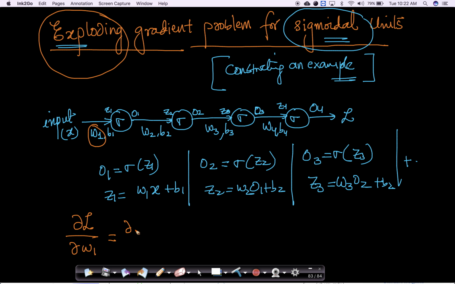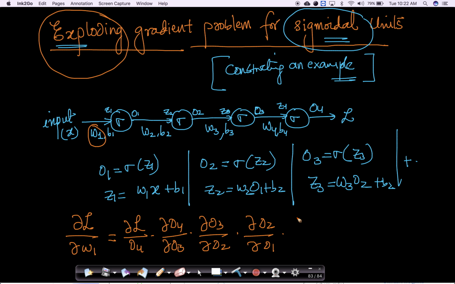Your L depends on O4, and your O4 depends on O3, and so on. I can write this equation like this: derivative of O2 by O1 and derivative of O1 with respect to W1, because O1 is impacted by Z1 and Z1 is impacted by W1.